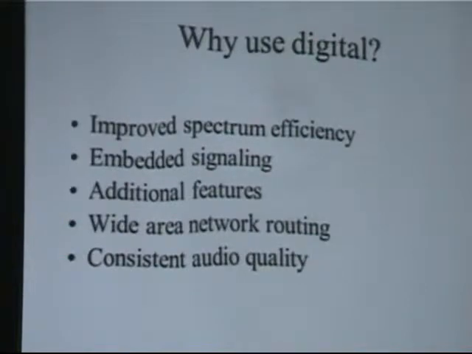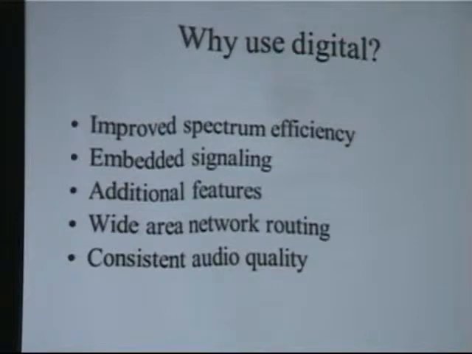So why would you use digital? Well, we're hams and we like to play with stuff and it's fun, so that's enough for most of us. But the companies that promote it will tell you that these are features of digital radios that go beyond what you have with an analog radio. You have improved spectrum efficiency, you have embedded signaling.